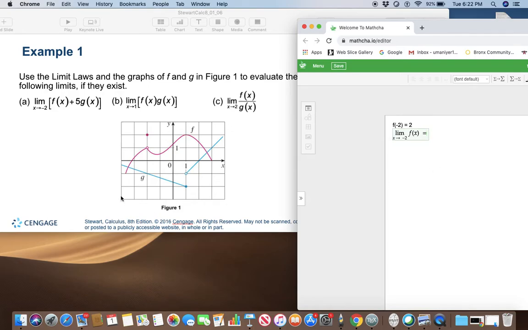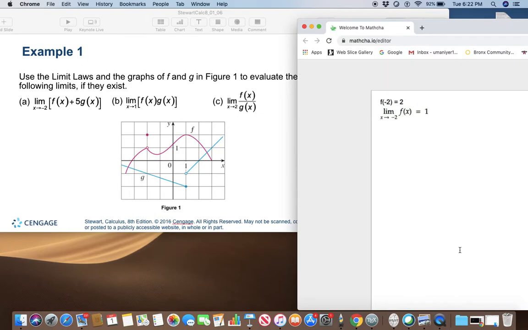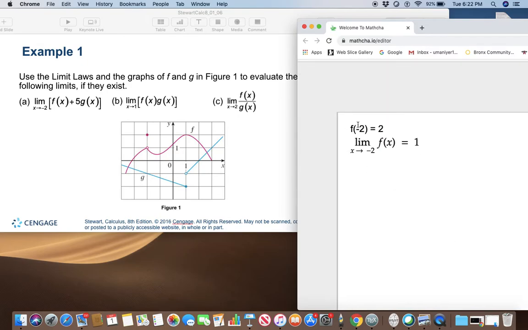The limit is given by the two branches and they approach height 1. So in other words, notice the value at -2 is 2, but the limit is dependent on what's happening nearby. The branches on both sides approach height 1, so that's the limit. Okay, what about g?